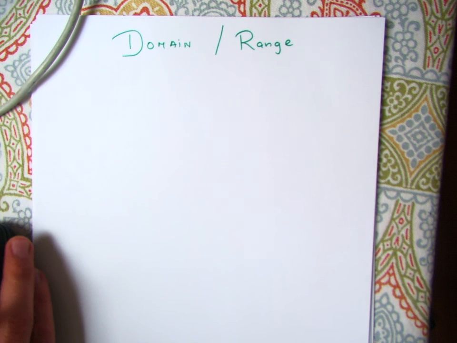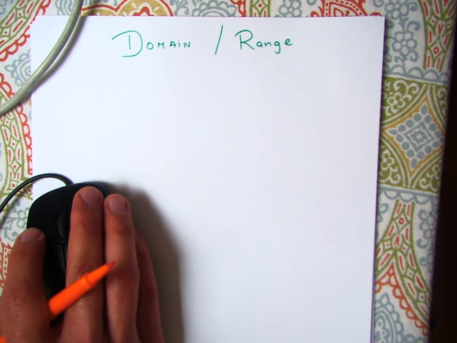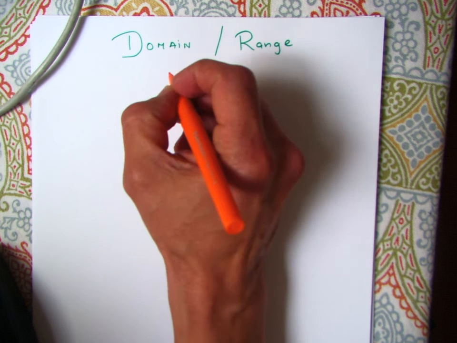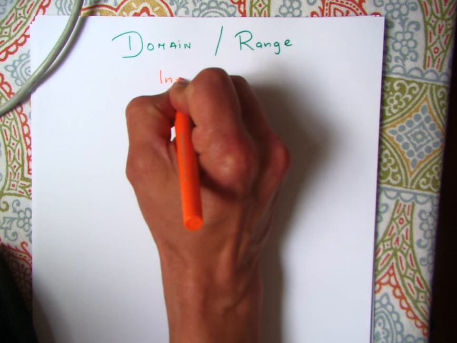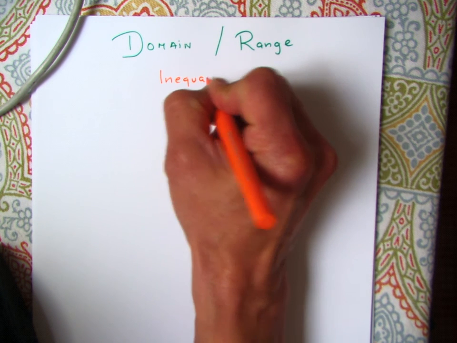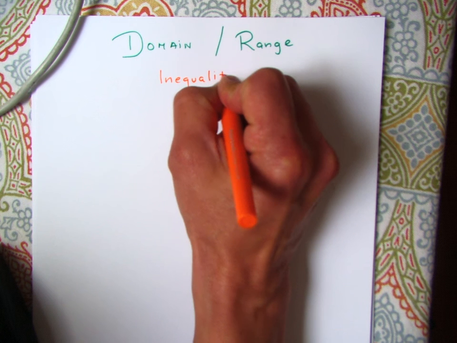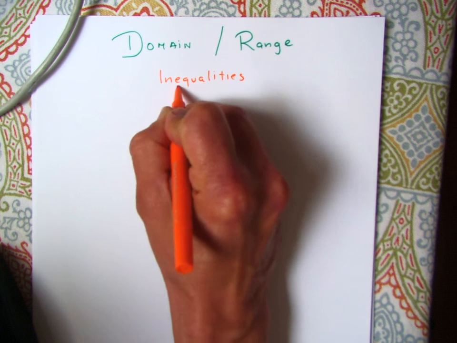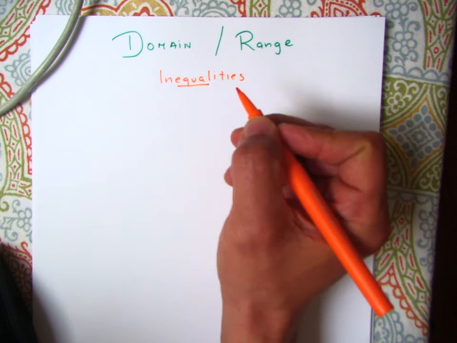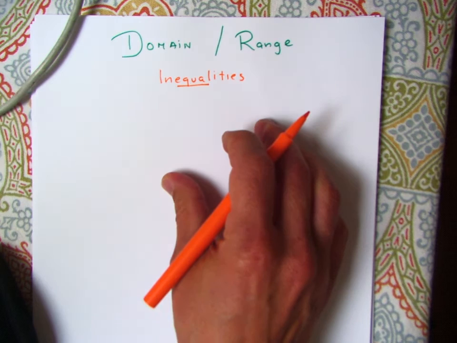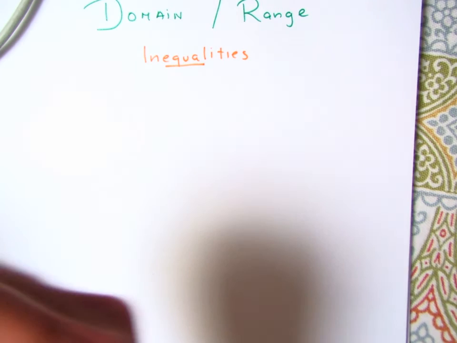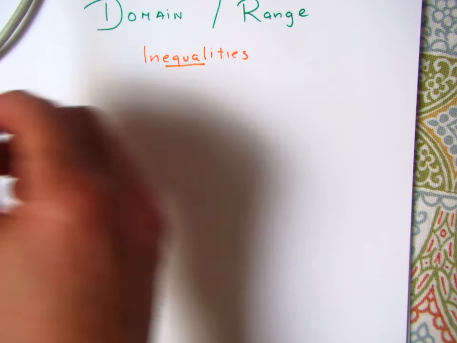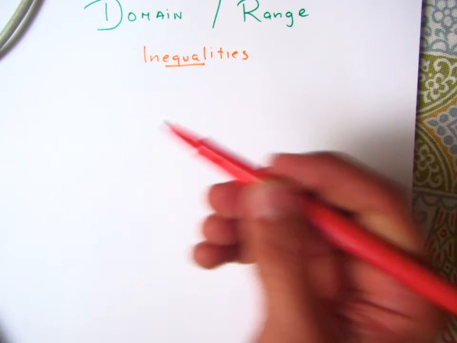So in order to understand domain and range, we gotta remember what inequalities are. So if you put in your notebook inequalities, and if you look at the word, it has the word equal, right? Equal. But it's inequality. So in essence, this means expressions or things that are not equal.